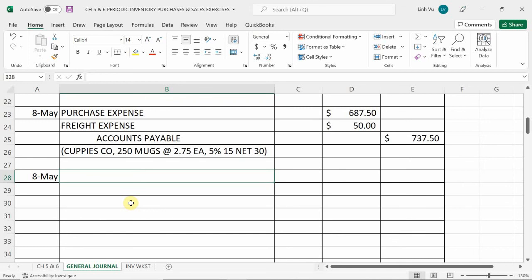How did we pay for these coffee mugs in the first place? Right, we're asking for a refund, but the vendor said, I will give you a discount instead. So in this case, we're going to get a portion of the money back, which we never paid, so it's going to reduce our liabilities. Okay? And what account am I going to be crediting?